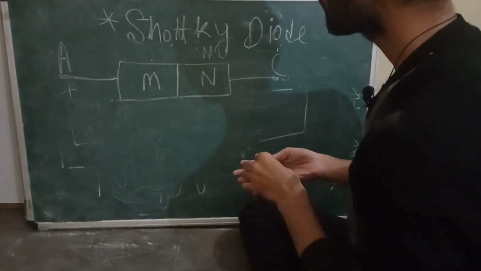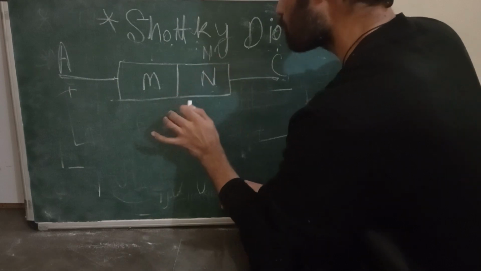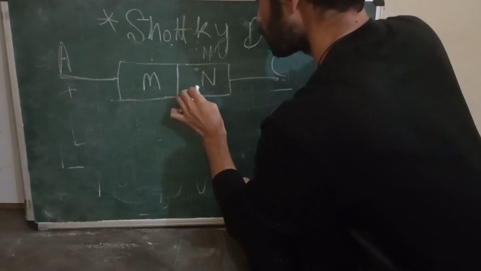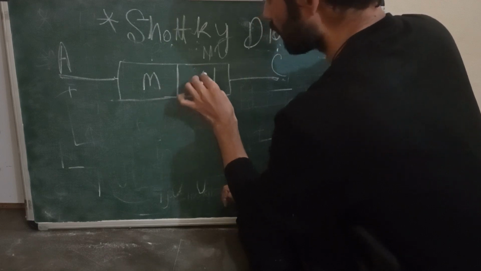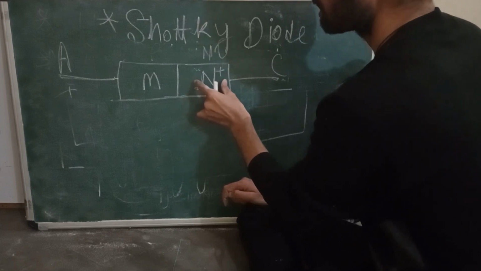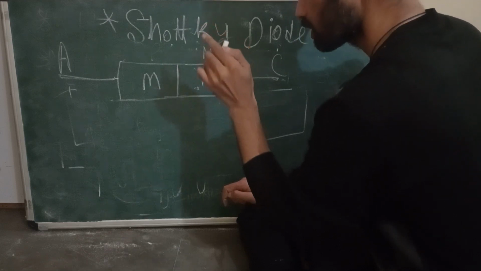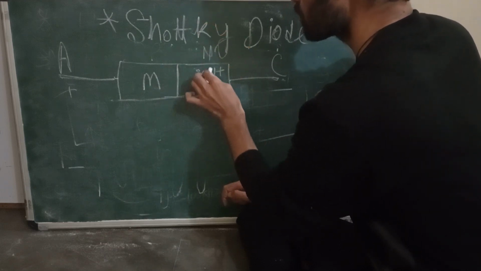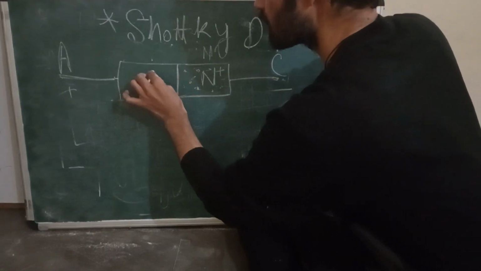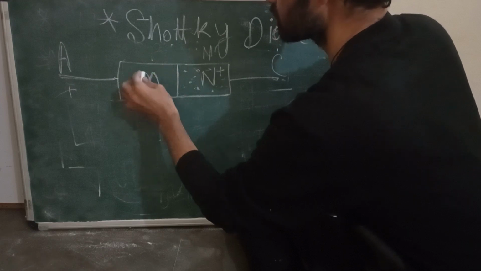And the same process will happen here also. This N-type semiconductor is highly doped with electrons, so it is a highly doped semiconductor, which has majority charge carrier electrons, and metal itself is a sea of electrons.